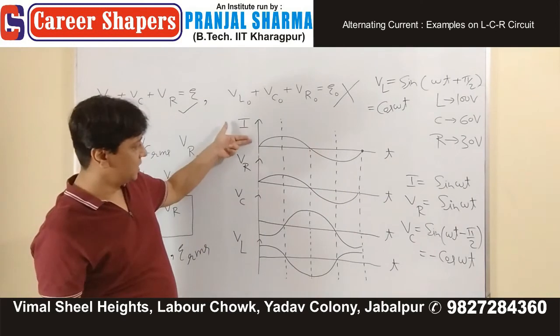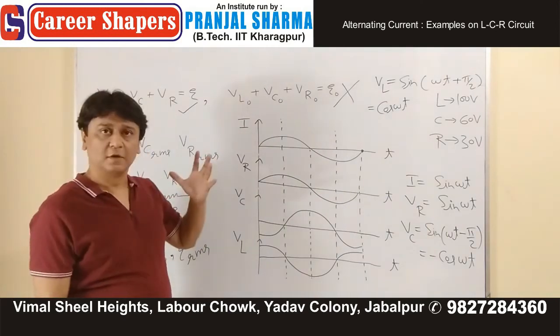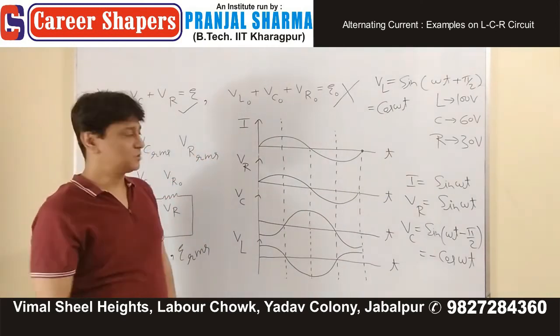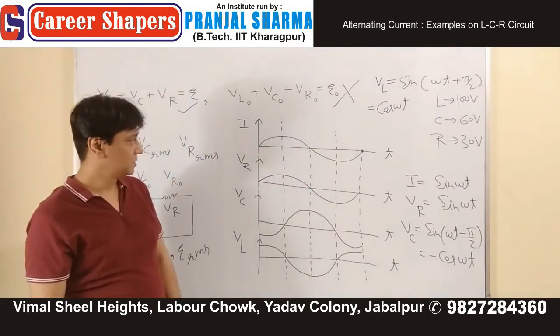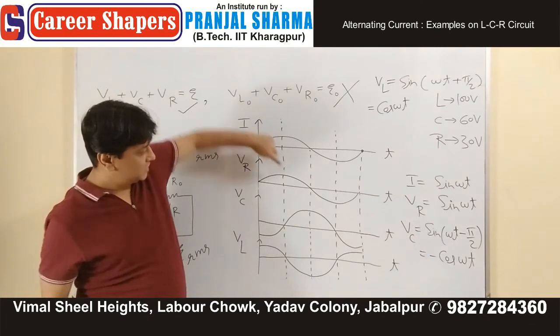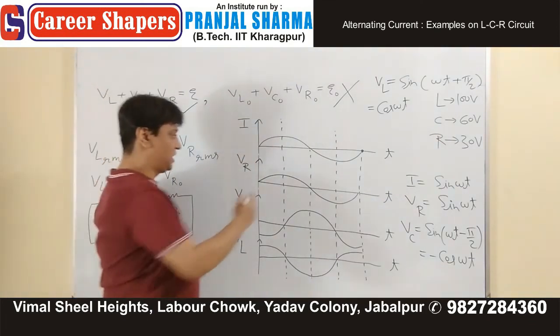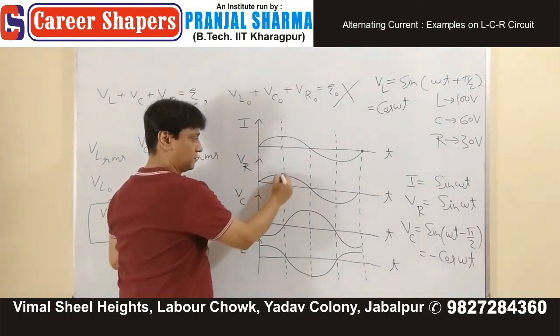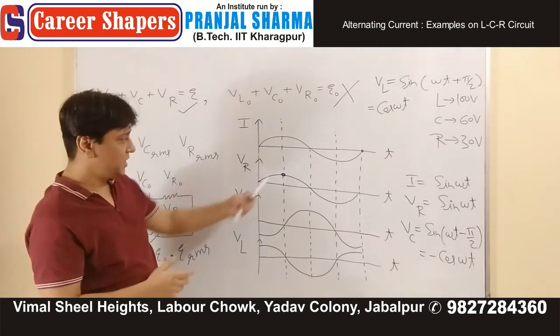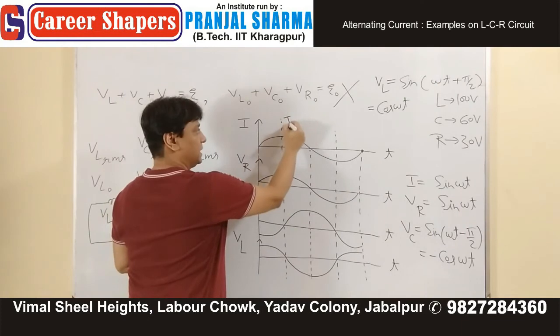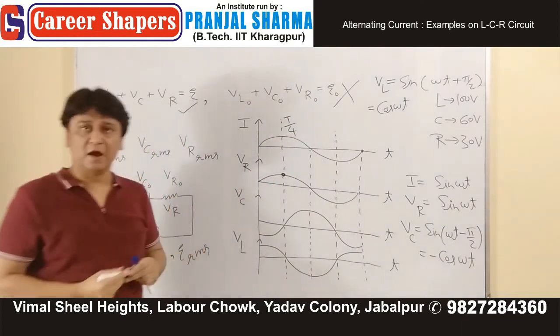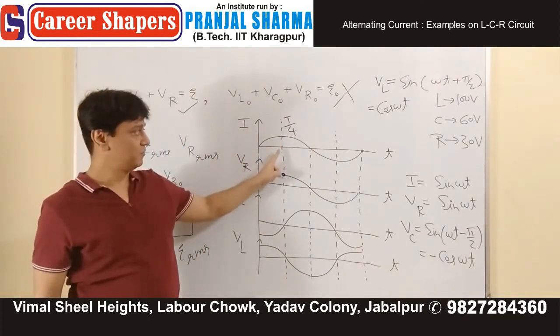If we have I, now let's talk about the peak value part. This is the peak of VR. This peak of VR in this graph takes place at T by 4, capital T by 4.